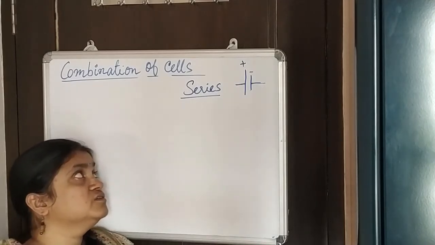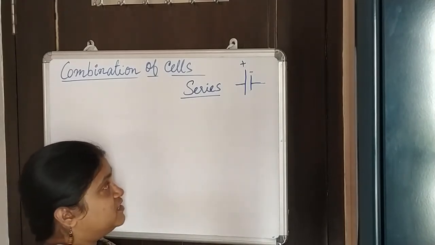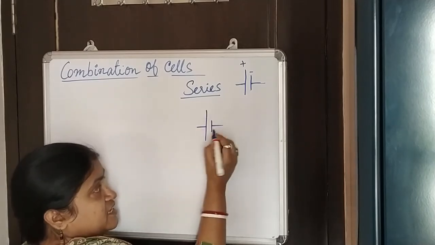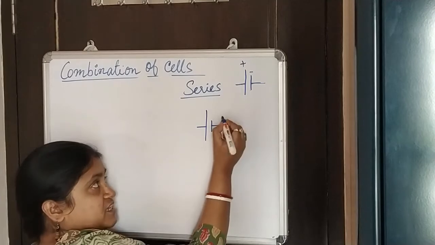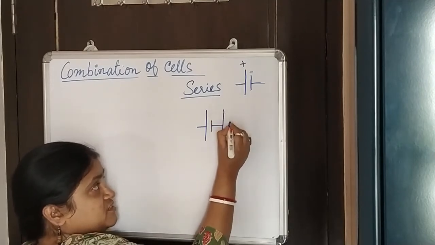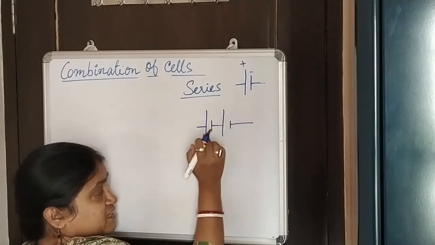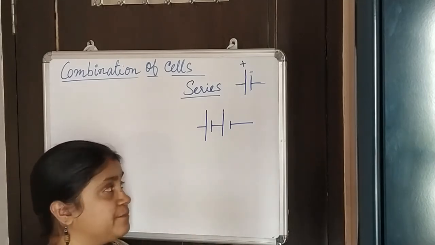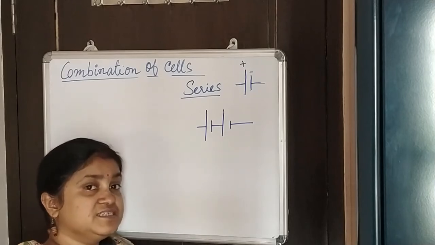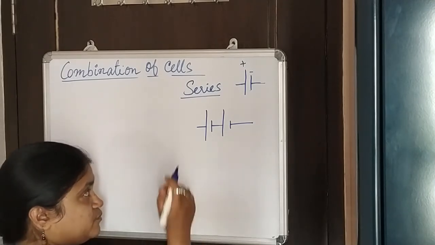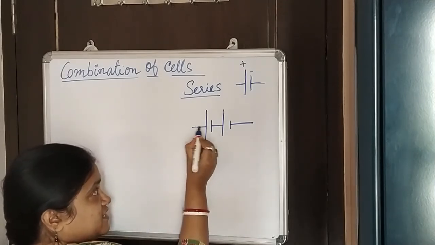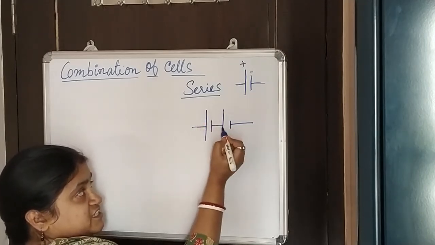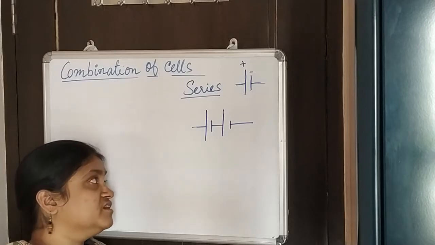Now talking about series combination of cells, when two cells are connected in a way that the negative terminal of one cell is connected to the positive terminal of another cell, we call it a series connection. Suppose we have two cells connected in series.